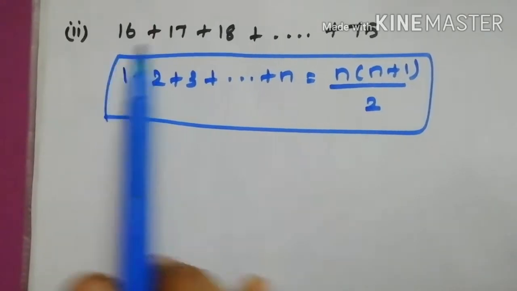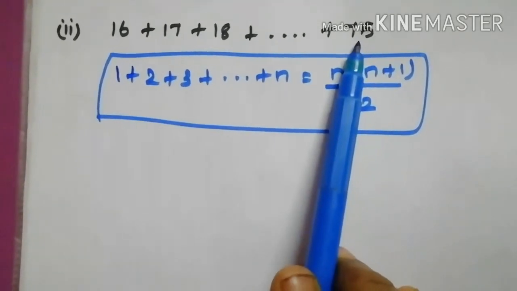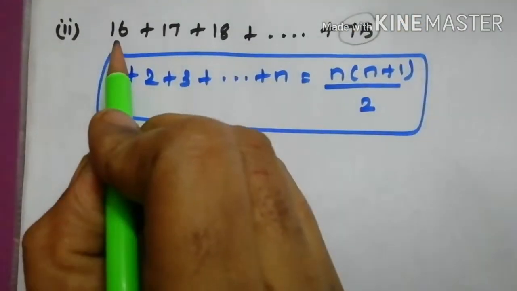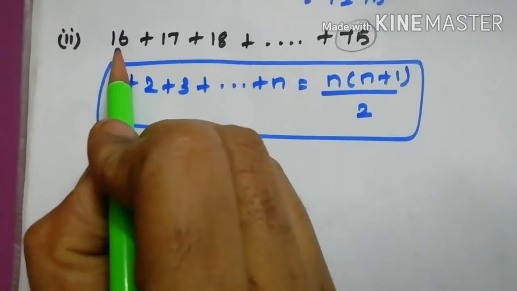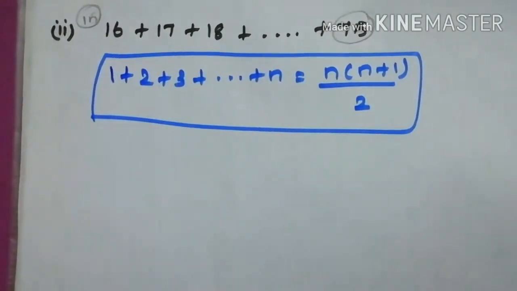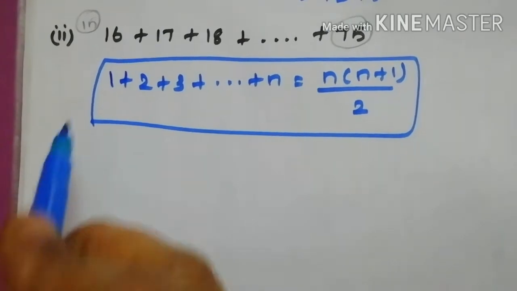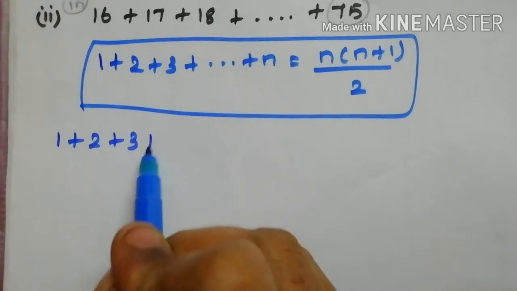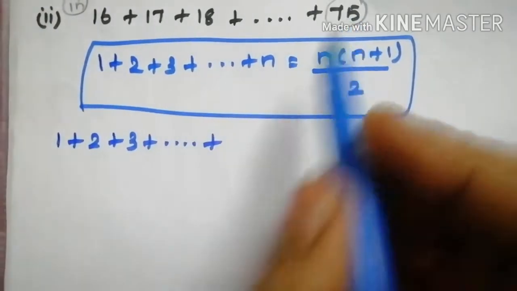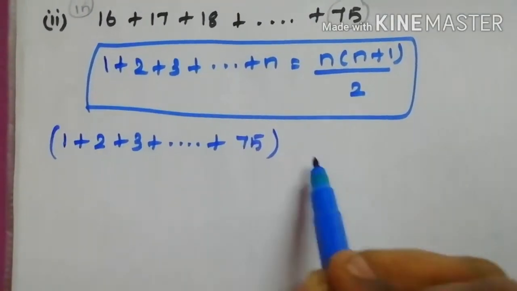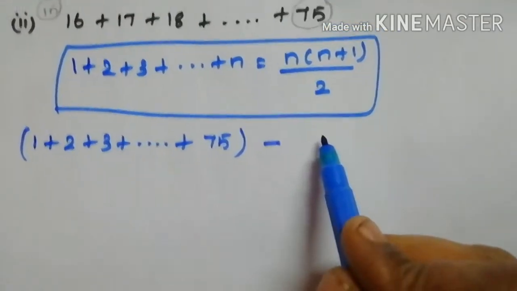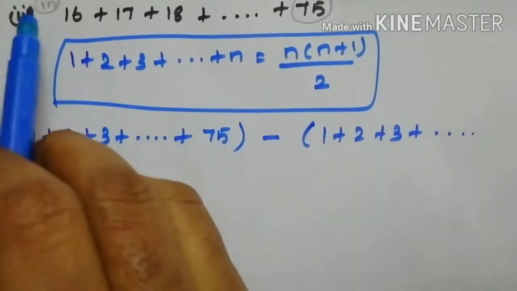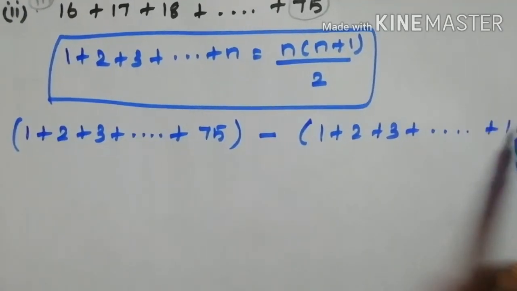How do we do it? See the last number here, 75. So we take the last number 75. See the first number here, 16. The number before 16 is 15. So we make the question like this: 1 plus 2 plus 3 plus etc. plus the last number 75, minus 1 plus 2 plus 3 plus etc. plus 15.